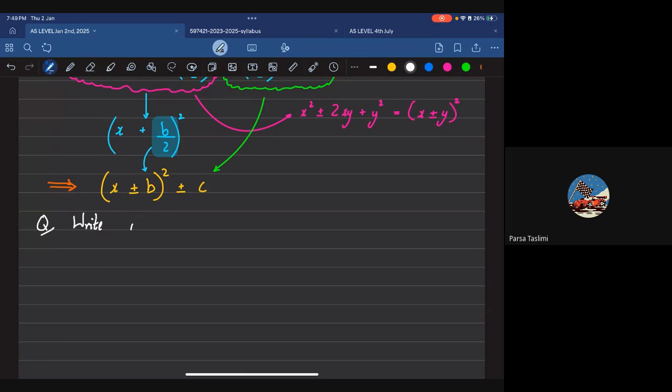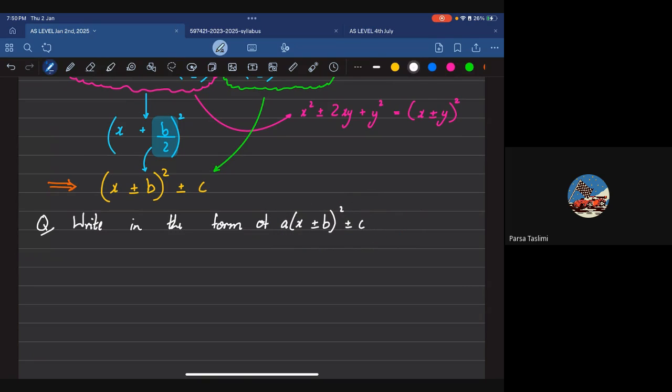They say write in the form of, usually they write it like this: a(x plus minus b) whole square plus minus c.